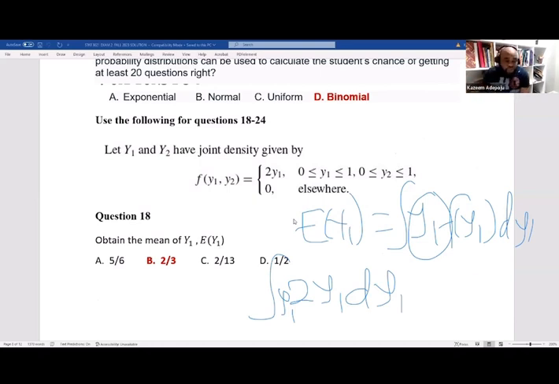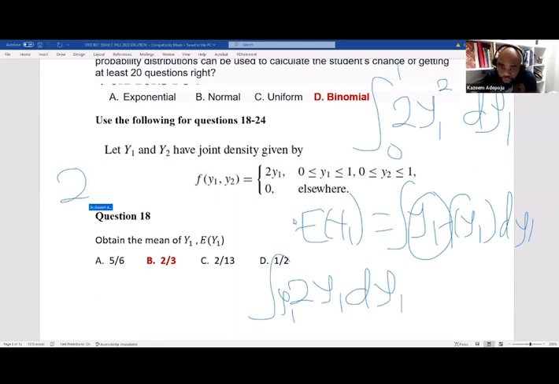So y1 times 2y1 is 2y1 squared dy1. Don't forget the range of y1, 0 to 1. When I integrate that, it is 2y1 cubed divided by 3 from 0 to 1. Plugging in 1 wherever I see y1 minus plugging in 0, that's 2 over 3. That is how this is 2 over 3.